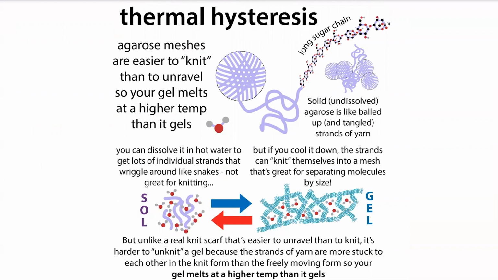But the mesh, at the temperature that it forms, is still going to be stable because you already made all those connections. You're going to have to get it to a higher temperature in order to get it to melt back again. So we have some wiggle room where it's okay if our gel gets a little warm during our run, or when we stick the plates in the incubator, the gel is not going to melt until we get to a much higher temperature. And so this makes these gels really, really useful in the lab.